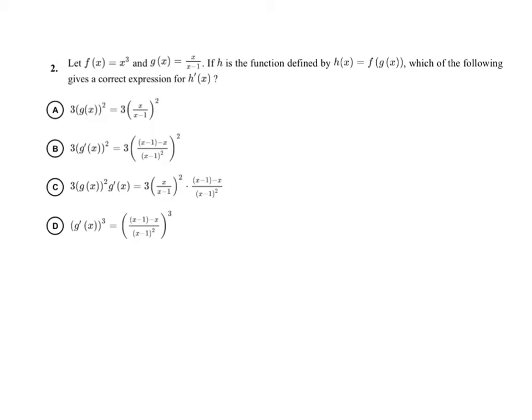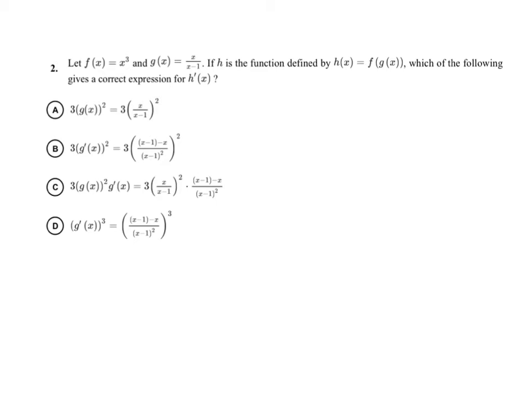So it looks like all the answer choices are for h prime of x. Okay, oh, I see how they're doing it. If you look at the left-hand side, we've got to look at all the answer choices.